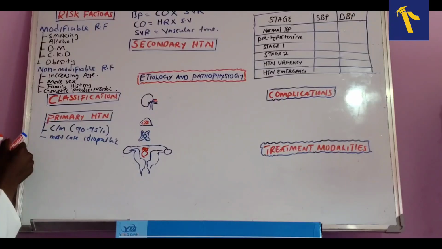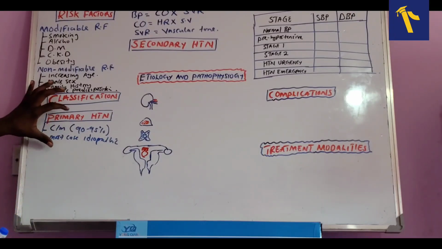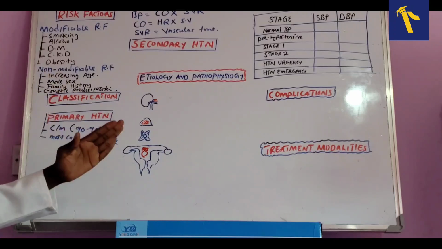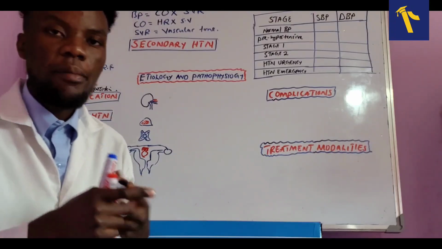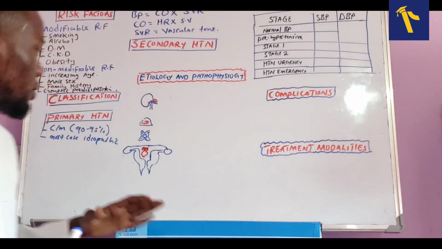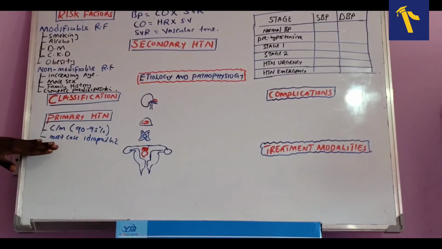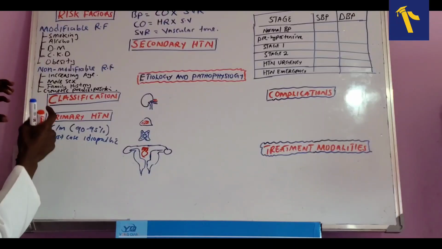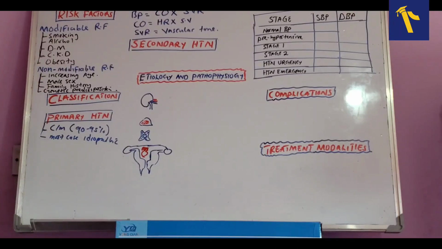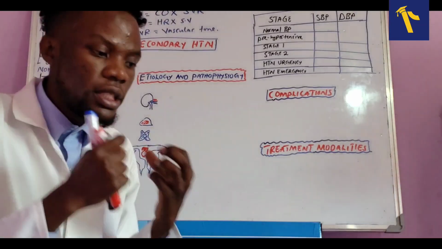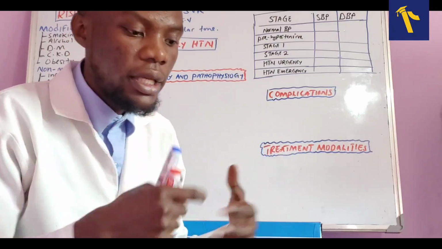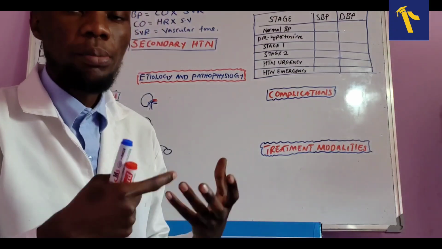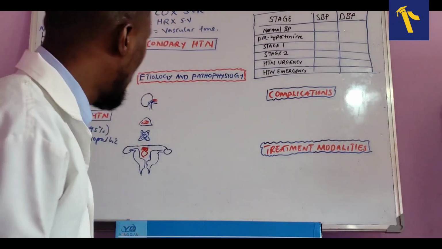But for primary hypertension, since you don't know the cause, they refer this hypertension to the risk factors. Basically, they have linked the risk factors. These are the ones that are causing primary hypertension, or the causative agents predisposing someone to have primary hypertension.